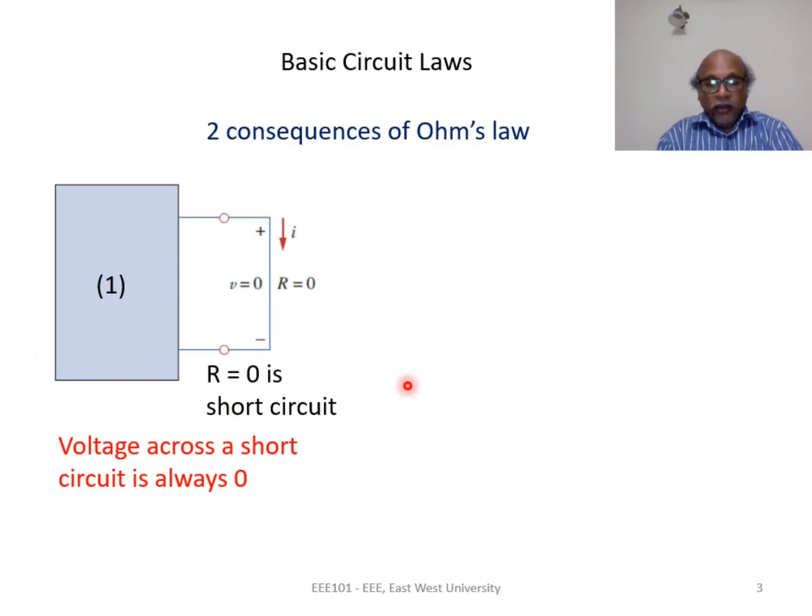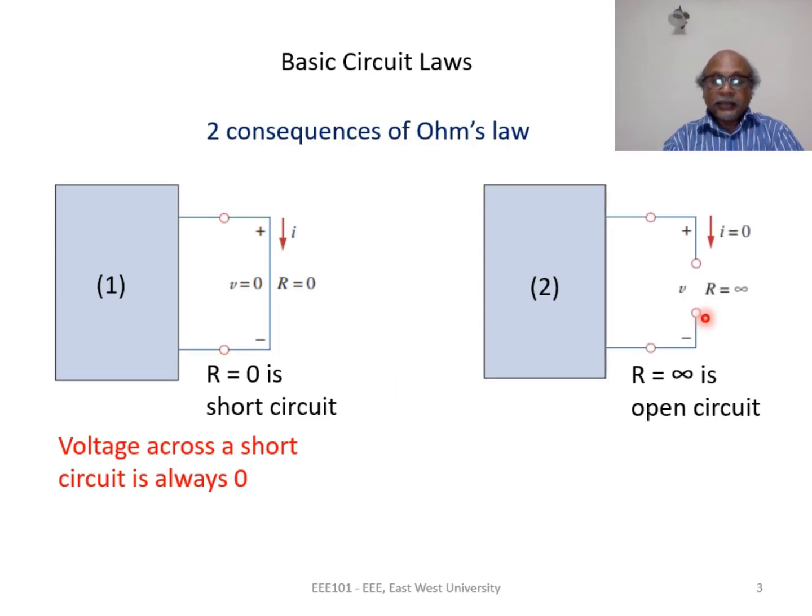The next consequence, we do not connect anything between the two nodes. If we do not connect anything, that is an infinite resistance. An infinite resistance is called an open circuit. If V is equal to Ri, then the current is voltage divided by resistance.